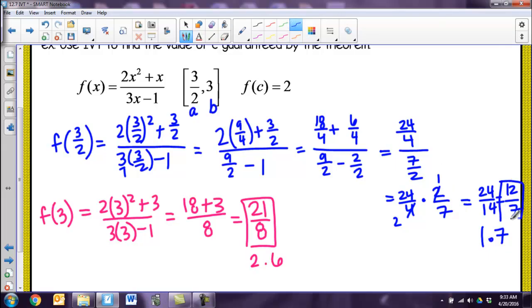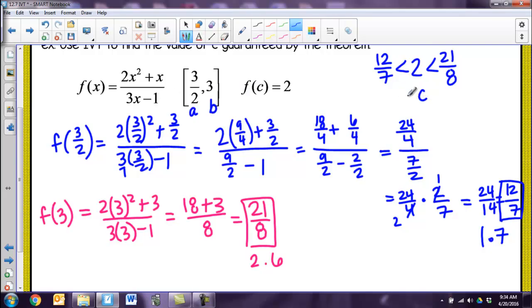Okay, so what I've done here is I needed to prove that the function values in between these two x's had a 2 in there. So 2 is in between those two numbers. If I looked at this, 12/7 or 1.7 is less than 2, is less than 2.6, which means that I have a c value that's in between these two values.